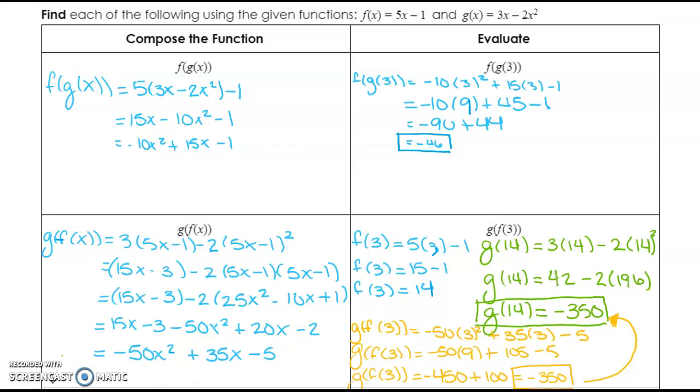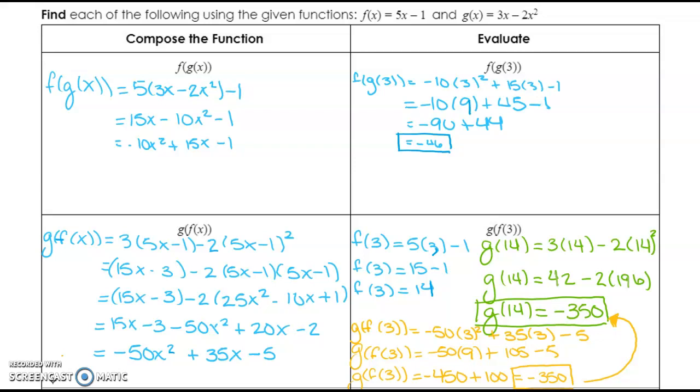And so whichever method works best for you is fine. You can use the method that I wrote in blue and green, or you could use the method that I wrote in yellow. You're going to get the same answer regardless. But if you used the second method that I talked about, you might not always have to compose the functions in order to find your answer when you evaluate.